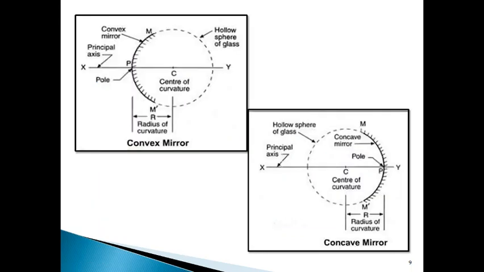For example, in this figure, this is a convex mirror and this is the concave mirror. This convex mirror is a part of this sphere, so the center of curvature is the center of the sphere of which this mirror is a part. In the same way, the center of curvature is the center of the sphere of which this concave mirror is a part.